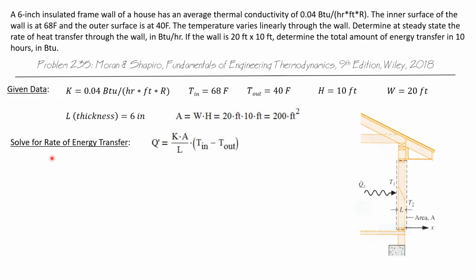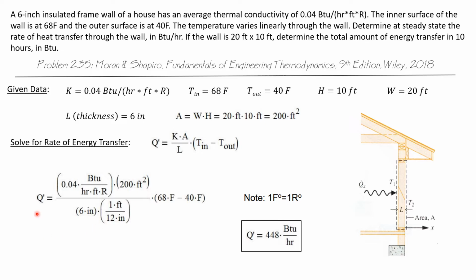We need to solve for the rate of energy transfer, which will be given by Q dot, the rate of heat transfer, which is K A over L times delta T, where K is the thermal conductivity, A is the area of the wall, L is the length or thickness of the wall, the direction that the heat transfers through the wall, and then we have the inside temperature minus the outside temperature.